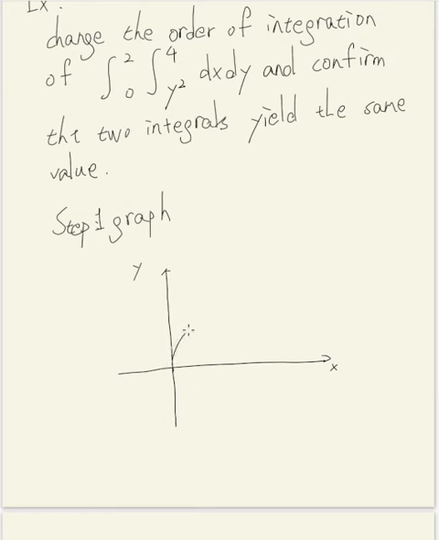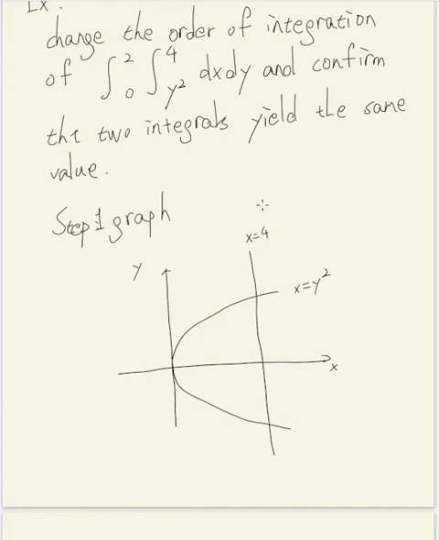So it's something that looks like this. Okay, so this is the left bound. And the right bound is x equals 4. So something like this, a straight line that intersects with this parabola.